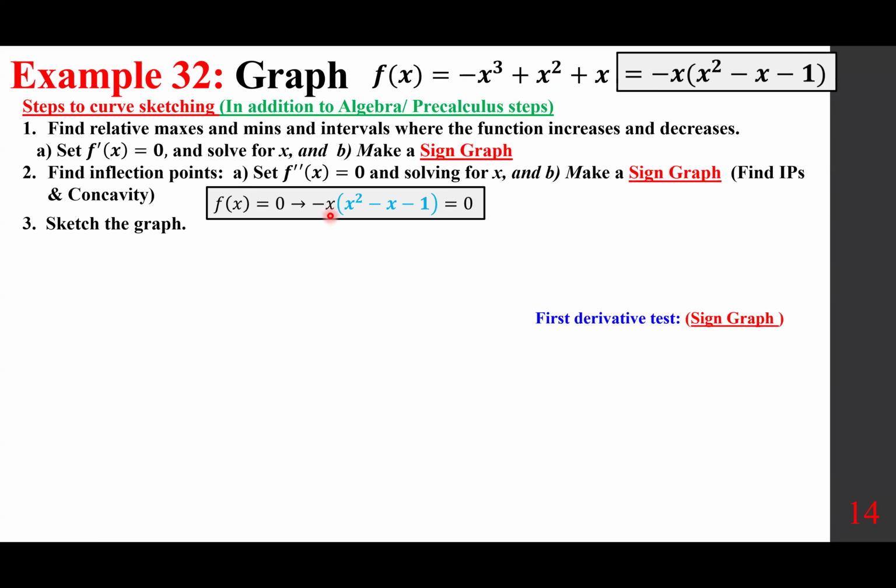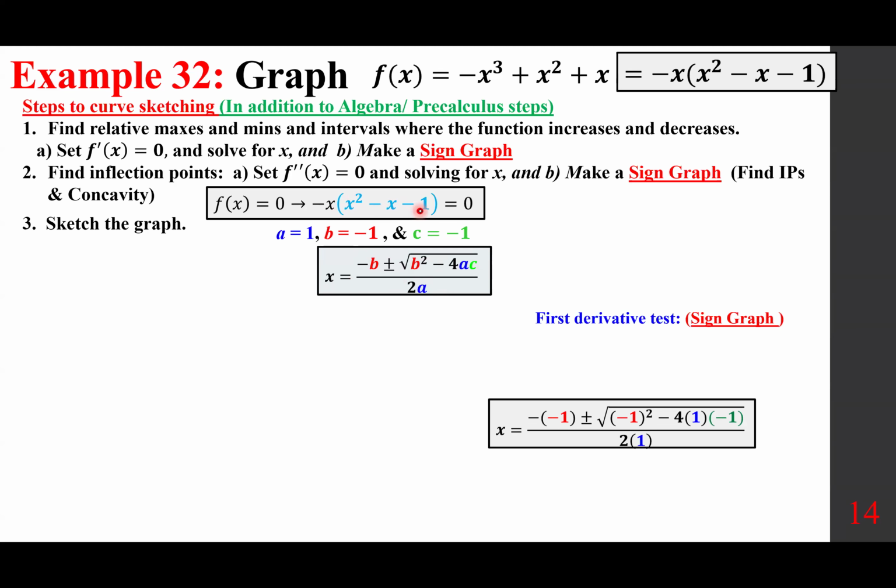As I set this equal to 0, this becomes 0, and this one I need to use the quadratic formula, which is minus b plus or minus the square root of b squared minus 4ac over 2a. In this case, a is 1, b is negative 1, and c is negative 1. We're going to plug in.